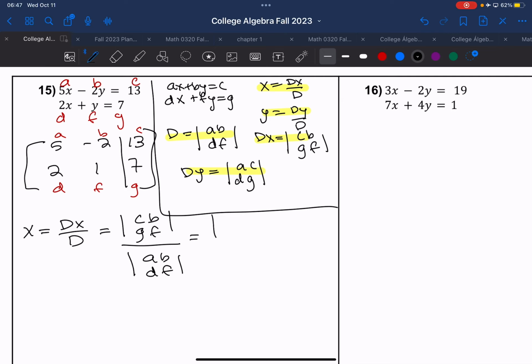So for C, we have 13. B, we have -2. G, we have 7. And F, we have 1. So that's the first determinant. And then on the bottom, we have A, B, so 5, -2, and D, F, 2, 1.